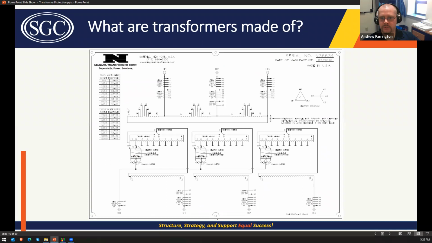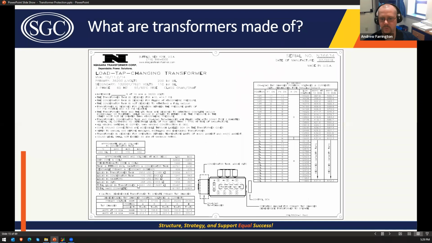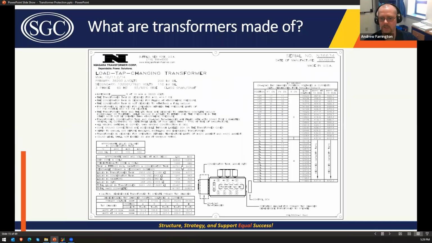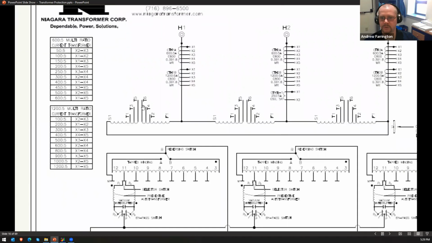So these little lines here on the delta winding are showing your no load tap changer positions. If you go back to this, it says you can connect T5 to T6, and that would be position A, which would give you a primary voltage rating of 38.01 kV. And so that translates down here to your T5 and T6 terminals.